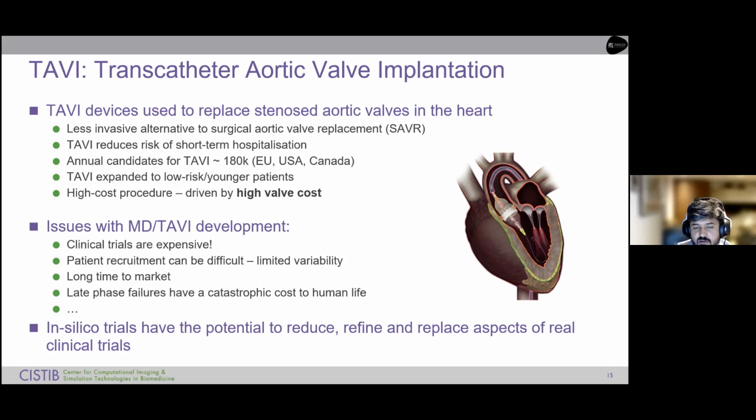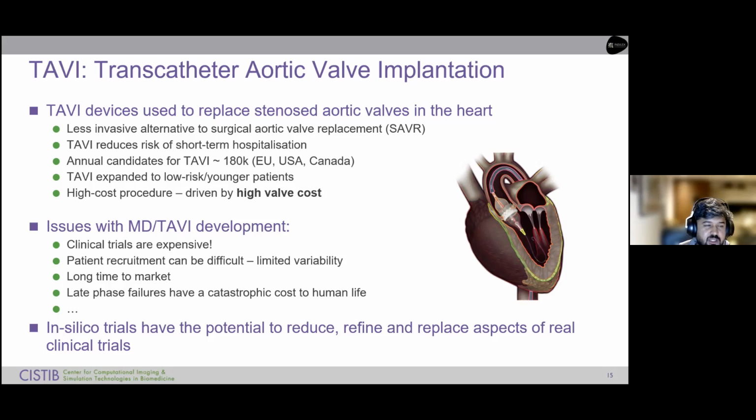So this is around the figure of about 180,000 patients across the EU, US, and Canada. And these patients are usually, or so far have been deemed high-risk candidates that are in need of TAVI operations.